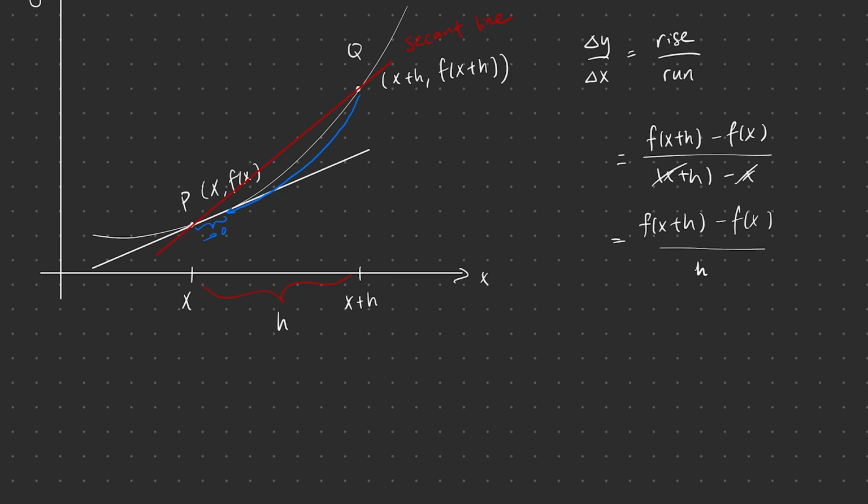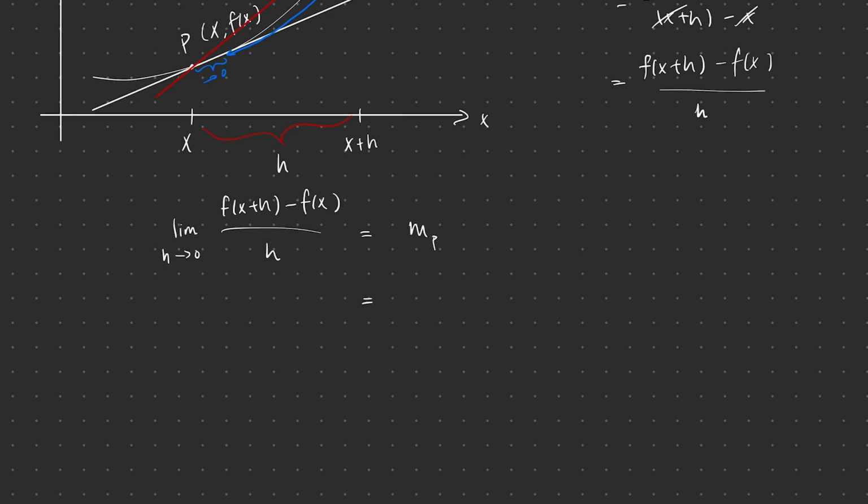So we can write this as the limit as h, the distance between the 2 points, approaches zero of the slope of the secant line is the slope at P, the slope of the tangent line to P on this graph. This is also dy dx at P, or f prime of P. So this is the notation for a derivative.